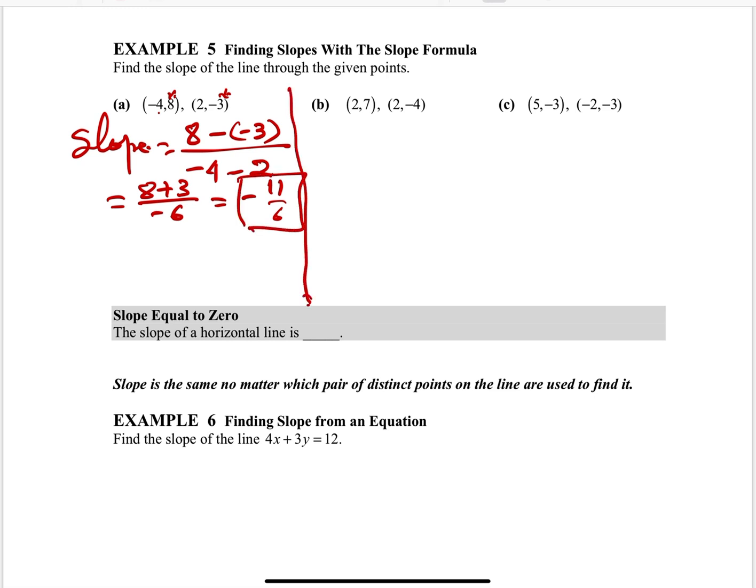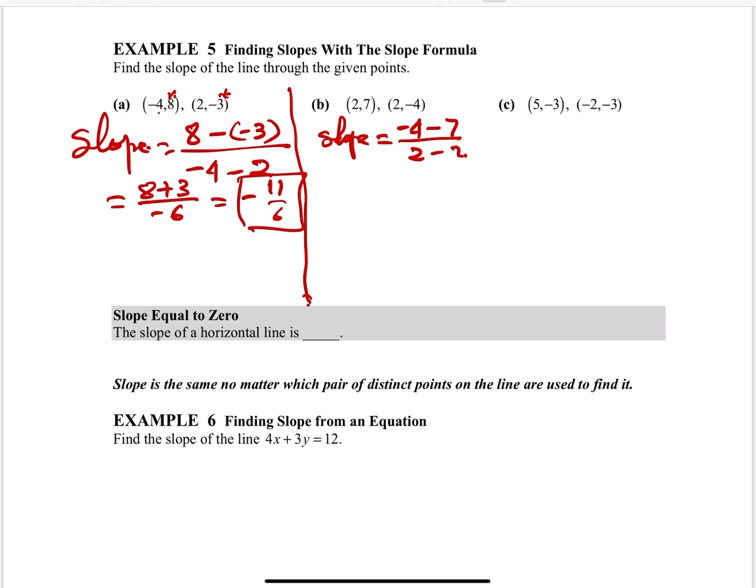Okay? The next one, you do the same thing. You can even start with this one, it's fine. It's -4 minus 7 divided by 2 minus 2, if you want. Either way will work. It doesn't matter. Just make sure to follow the order. If you miss one order, it's done.